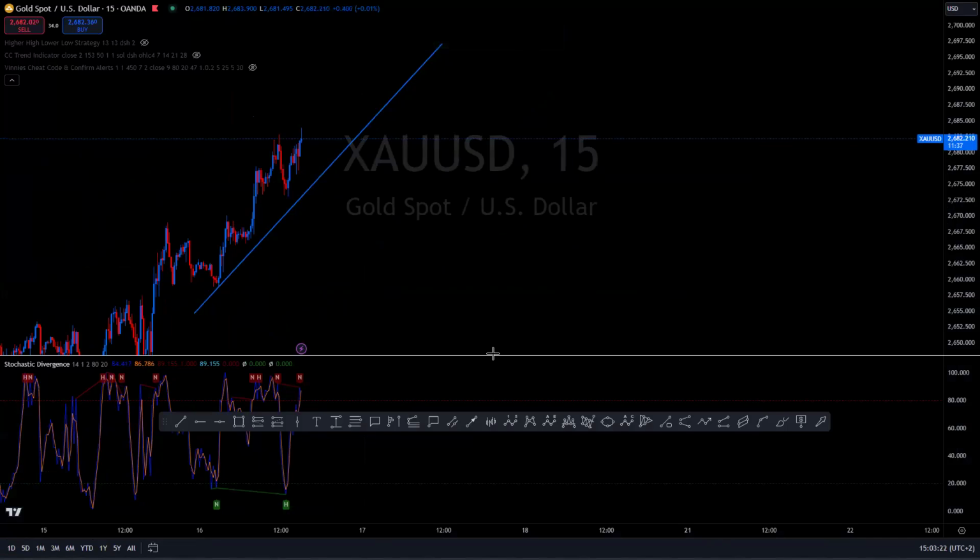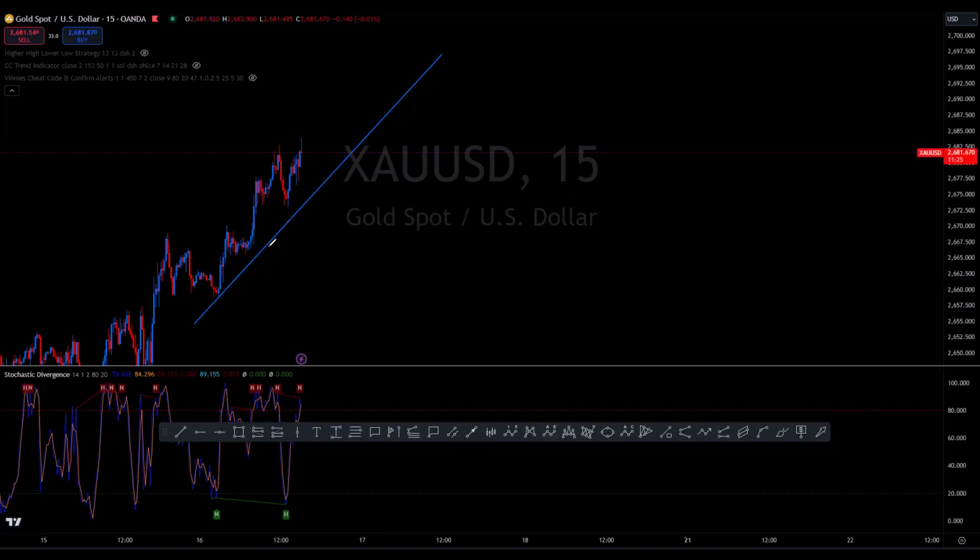Now that we figured that out, the next goal is to find the most recent swing low and the most recent swing high. I can actually see that here: swing low, swing high, and the previous breaker structure right here. So that's what we're going to mark.